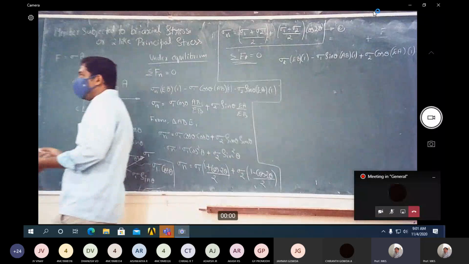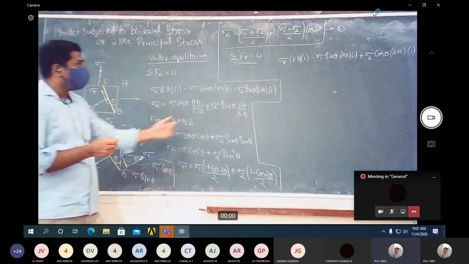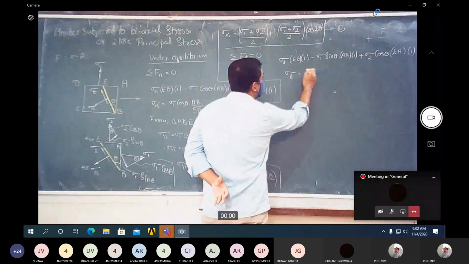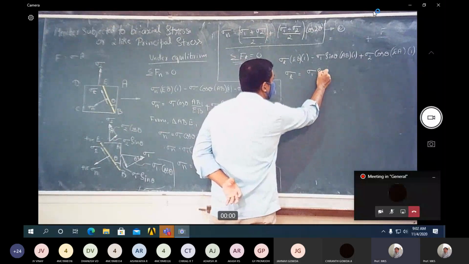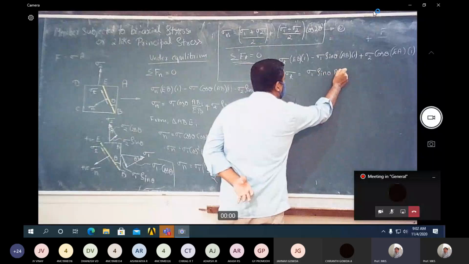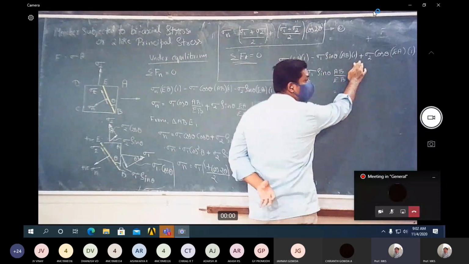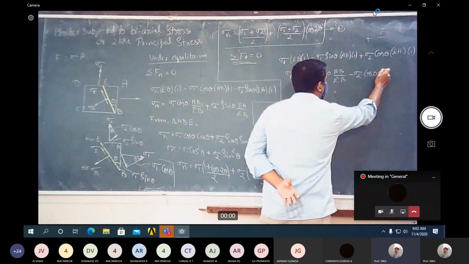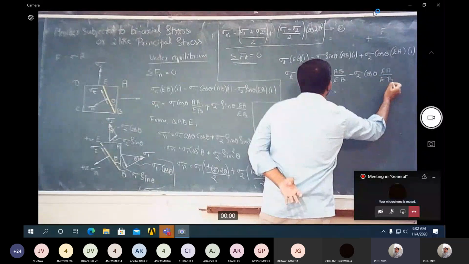Now you just rearrange the terms. Just cross multiply, rearrange and reduce this equation. Sigma t is equal to, sigma 1 going to the other side will become plus sigma 1 sine theta into AB by EB. This going to the right hand side is minus sigma 2 cos theta into EA by EB.